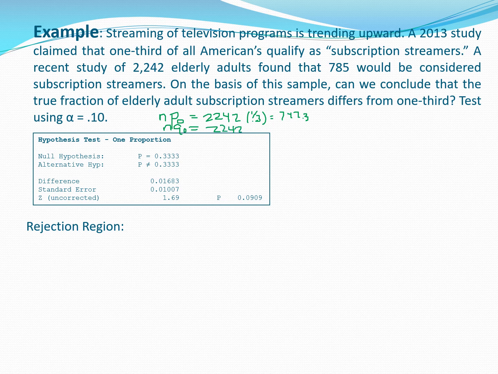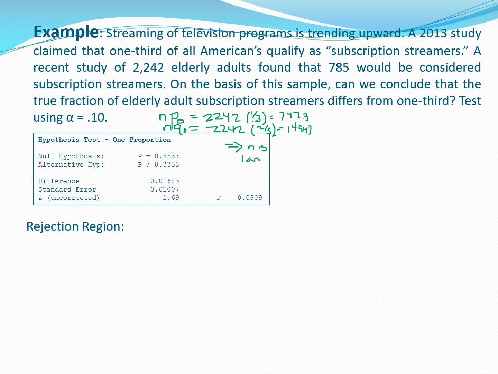Well, q naught is the opposite of p naught, so if p is 1/3, q is 2/3. This is an even bigger number, 1494.7. Both of these things are greater than or equal to 15. n is large.